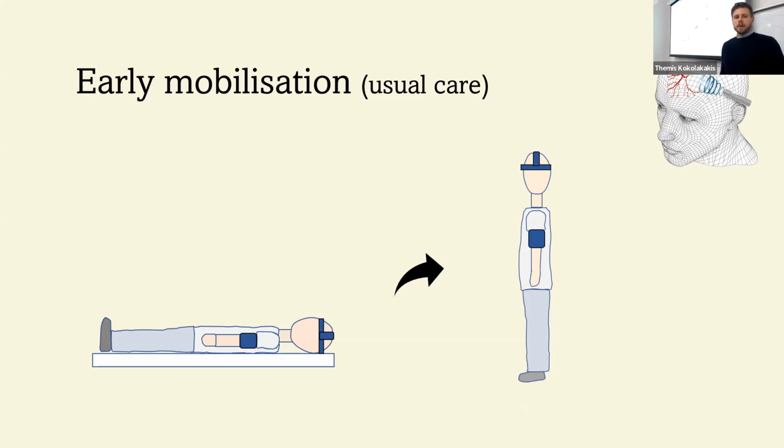Others think it's beneficial because it gets people doing functional activities as early as possible, linking back with that window of neuroplasticity. However, the changes in cerebral blood flow haven't been studied when standing up this early after a stroke. So that's what we did.